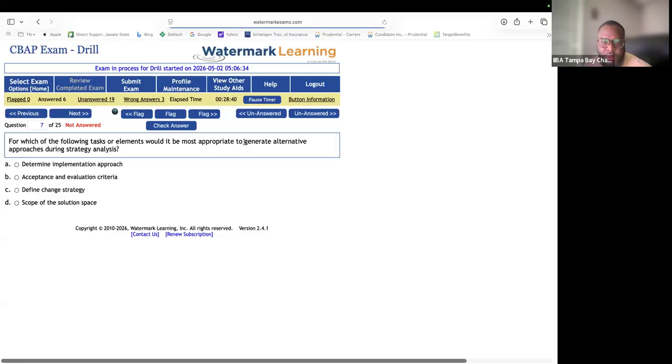So for which of the options below is it most appropriate to generate alternative approach during strategy analysis? And strategy analysis is the whole knowledge area. Let us keep that in mind.